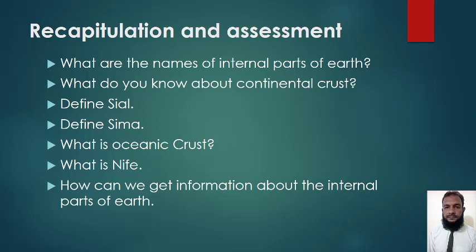So this name is derived from the initial two letters of silicon and aluminium, and it is called Sial. Define Sial. Sial is derived from the initial two letters of silicon and aluminium, and it is present in the continental crust.